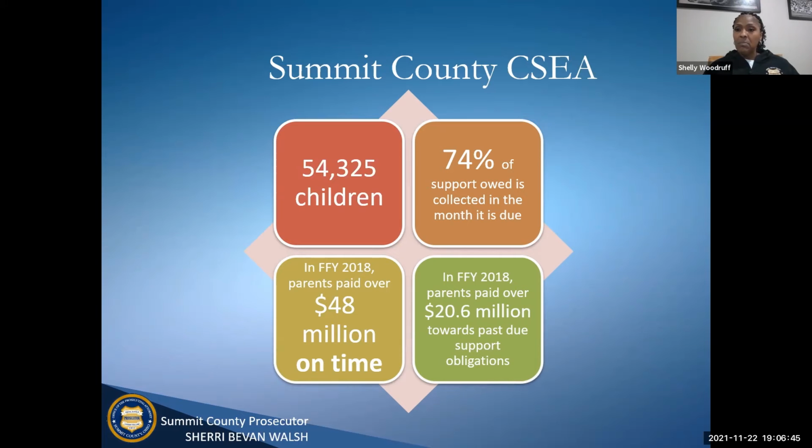Anytime someone doesn't pay from the first day of the month until the last day, any balance rolls over and becomes arrears. So $20.6 million was paid towards past due support, meaning they didn't pay it in the month it was owed. That case accumulated arrears, and then we ended up collecting it, and it went towards the arrears balance that was owed.